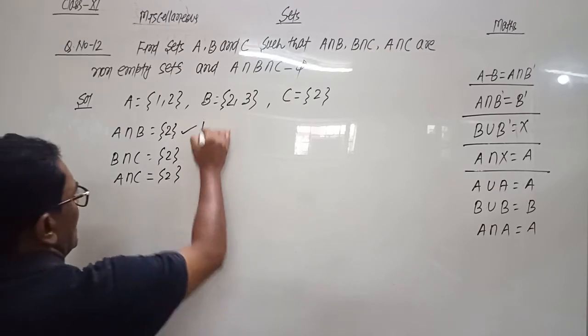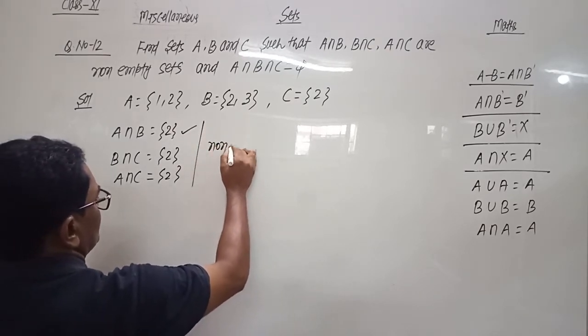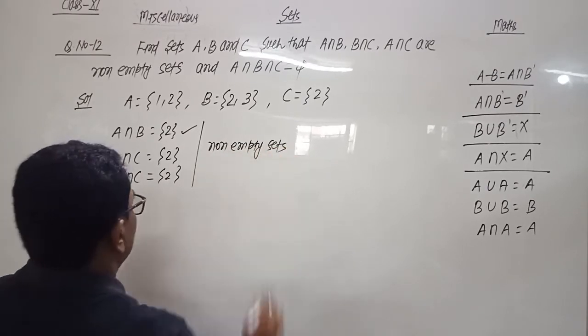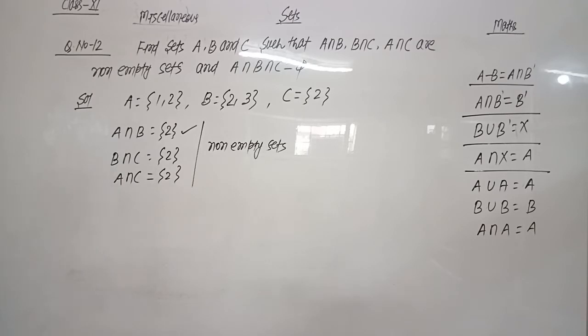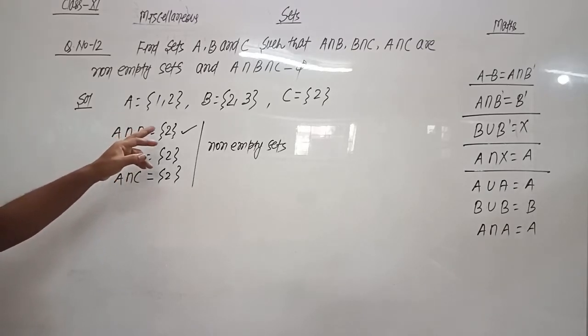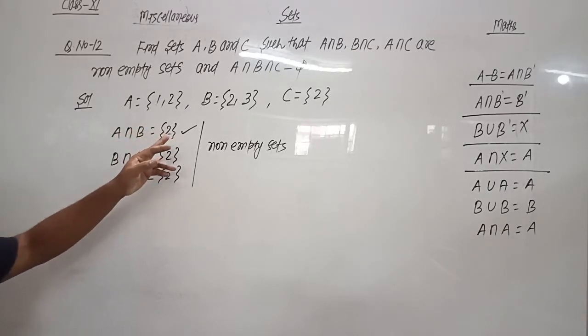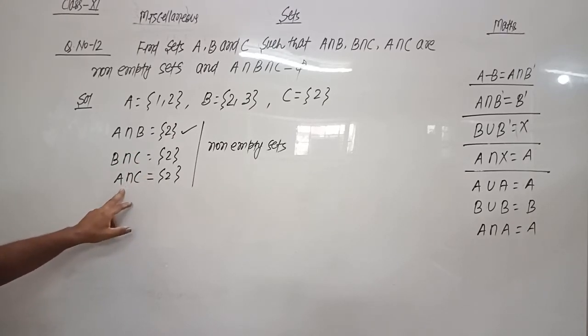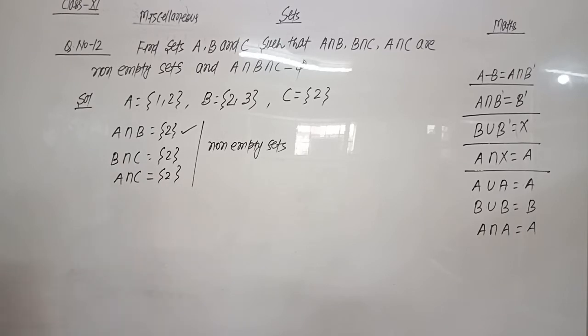So these three are non-empty sets. We have taken an example: set A equals 1, 2, set B equals 2, 3 and set C equals 2. Then A intersection B means 2, from A and B 2 is common, B intersection C again 2 is common and A intersection C 2 is common. So they are non-empty sets.